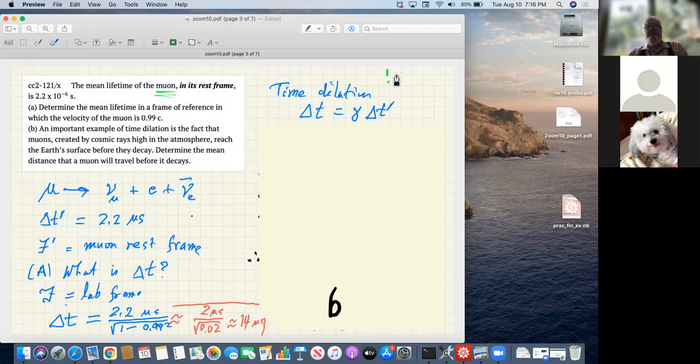This is something you'll have to remember. So that's a number greater than 1.